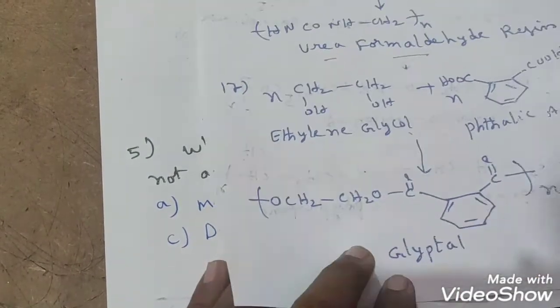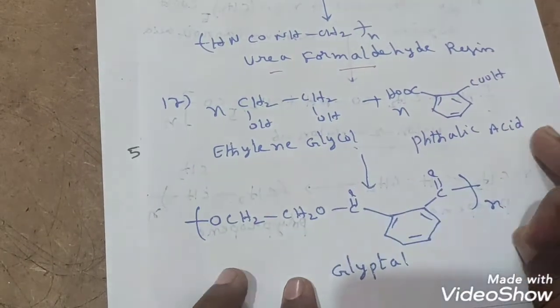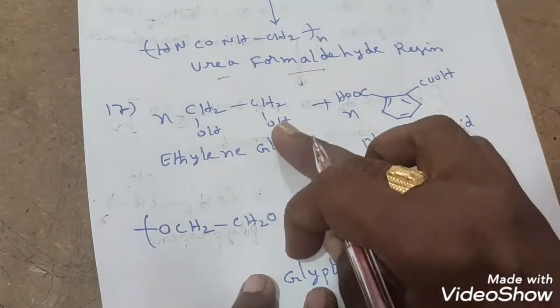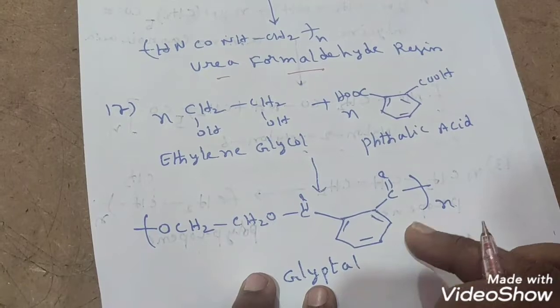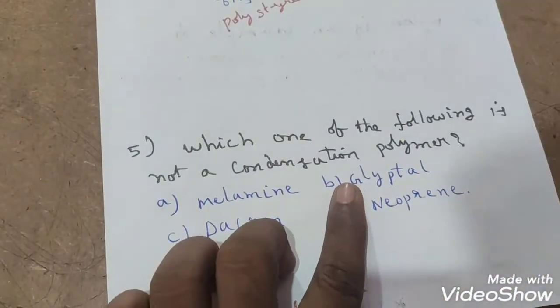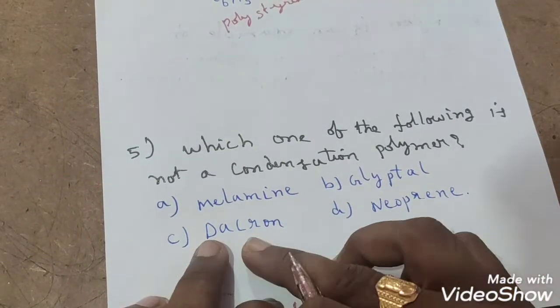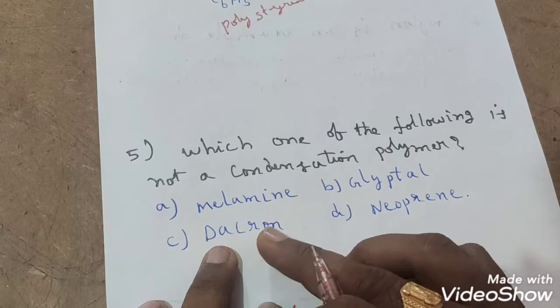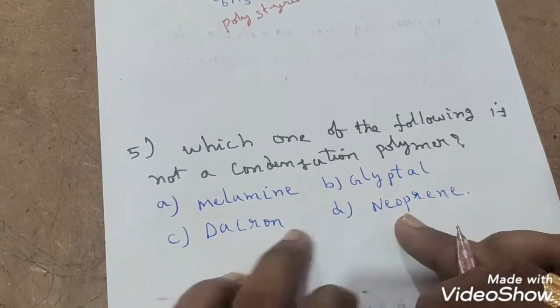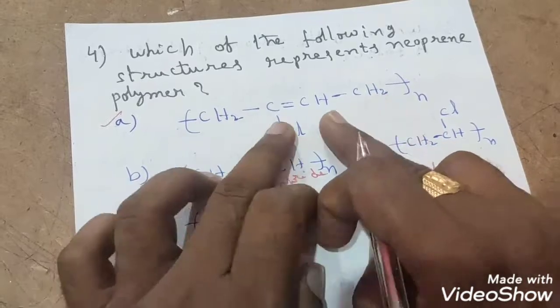Glyptal came from ethylene glycol and phthalic acid. Some simple molecules are removed, a water molecule in this structure, right? And glyptal is also a condensation polymer. Dacron is also a condensation polymer. Just now we have seen Dacron or terylene. And neoprene came from chloroprene. This is just a chain growth polymer.